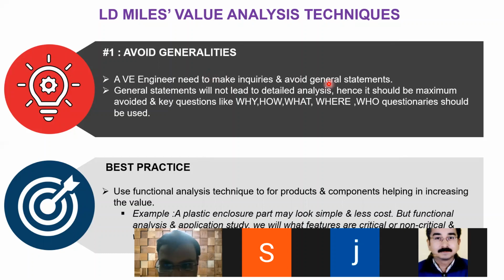So you need to make inquiries and you have to avoid general statements. You always need to avoid the general statements so that you go for a detailed analysis, and you should always ask the question why it is done in that way, how it is done, what, where, why, whom. Okay, you have to ask all these questions to get the maximum information about the process.